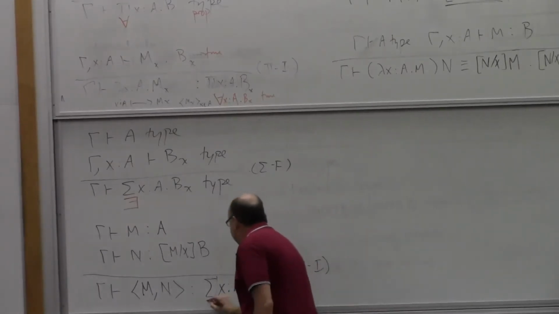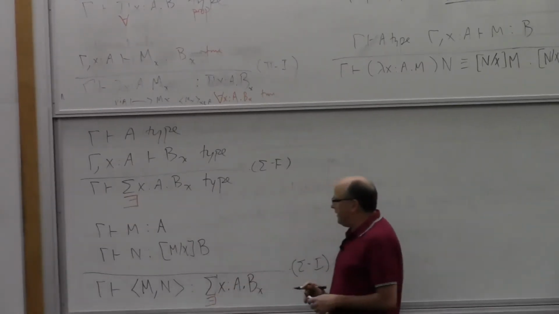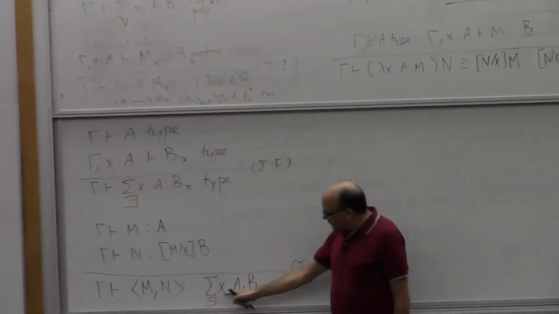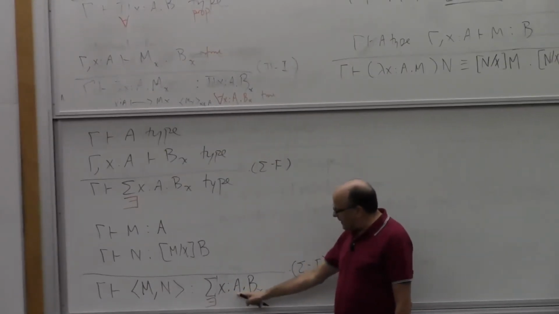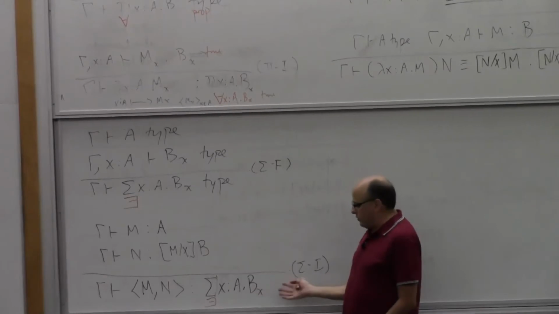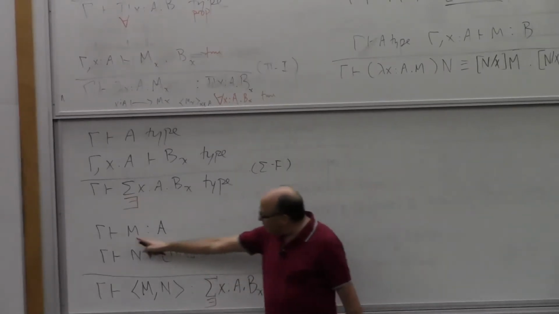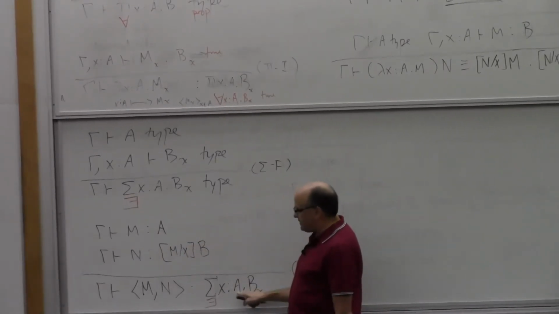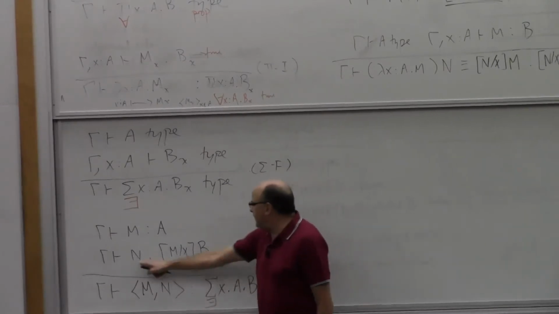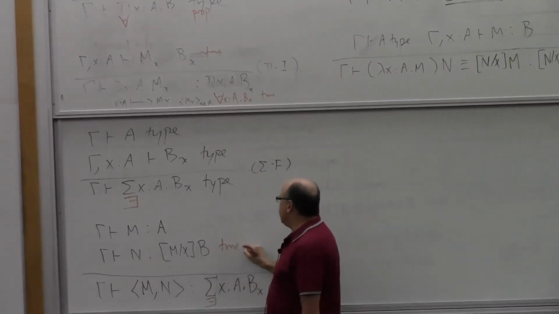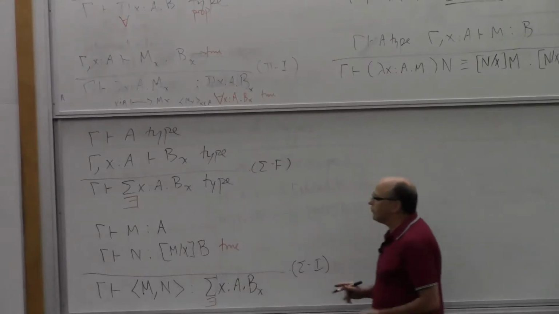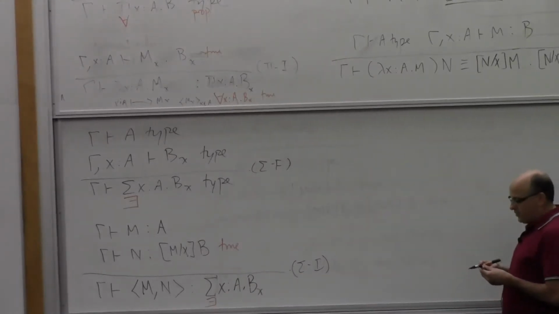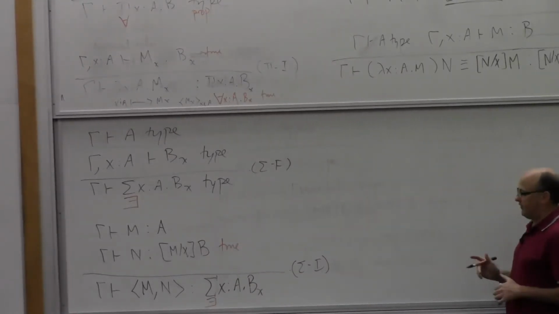If you think of this as an existential quantifier, it says, if I want to show you that there exists an x in A such that B of x is true, then what I do is I exhibit a particular a, that's the witness to the existential, and then I tell you that B is true for that particular instance. And so you can see the correspondence to existential quantification.